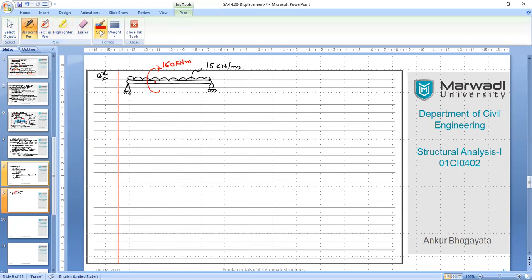Okay, so accordingly we can start our work. So this is A, this is B, this is C point. The distance we have is 3 meter, and this is 5 meter. So that is the problem statement.